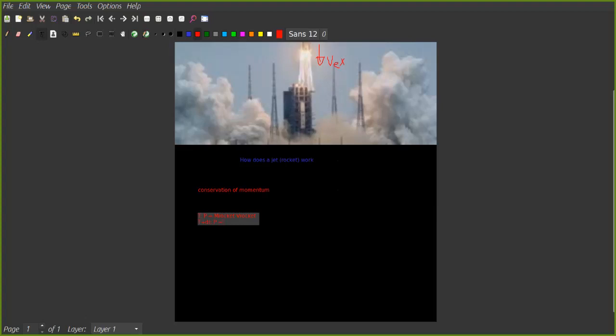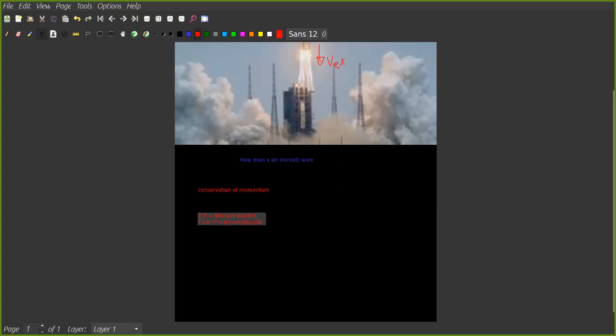The momentum is going to be what? We're going to have the mass plus a dm, a delta m, which in this case is going to be negative, and the velocity is going to be v plus a dv.